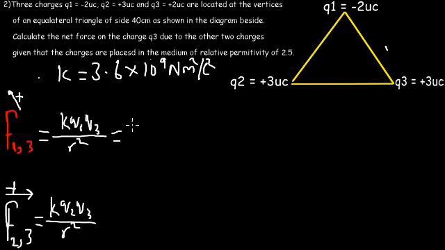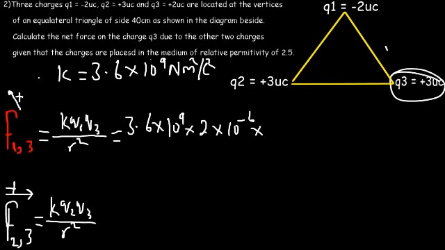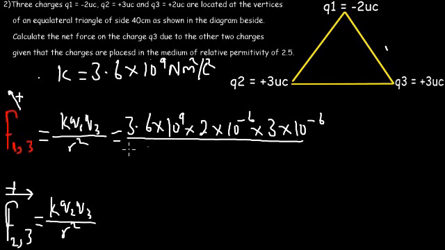So by substituting those values respectively, I should have 3.6 times 10 to the power of 9, then multiplied by Q1, which is 2 microcoulombs, that's 2 times 10 to the power of negative 6. Then multiplied by Q3, which is 3 microcoulombs, that's 3 times 10 to the power of negative 6. I'm going to divide everything by the distance between Q1 and Q3.